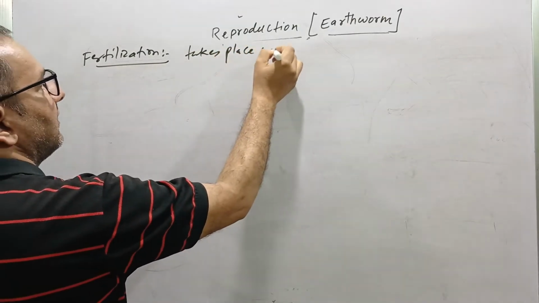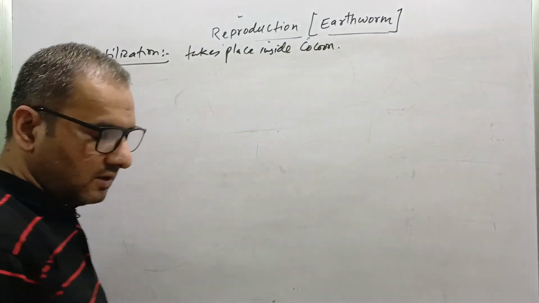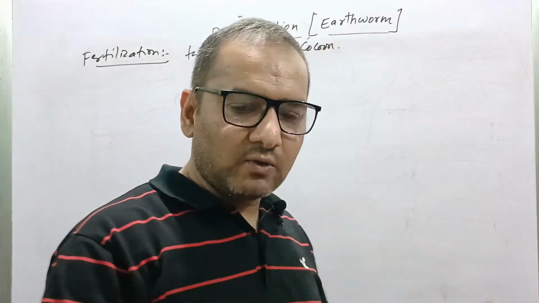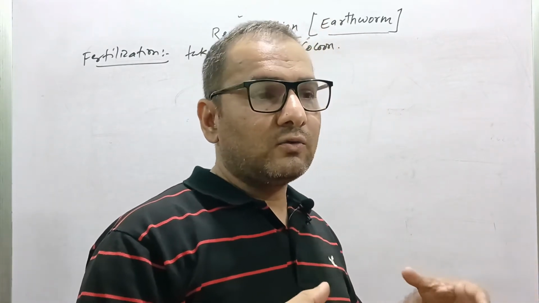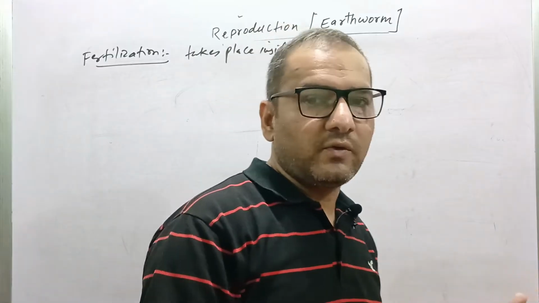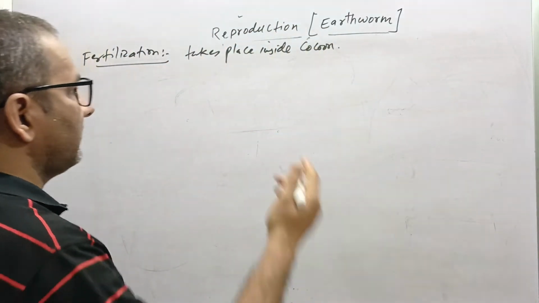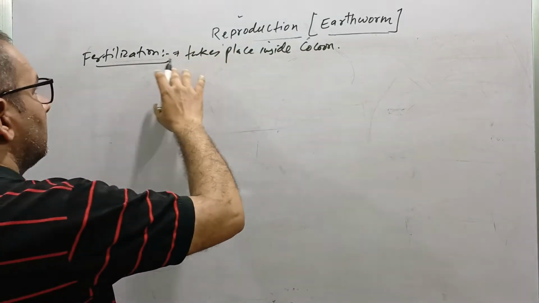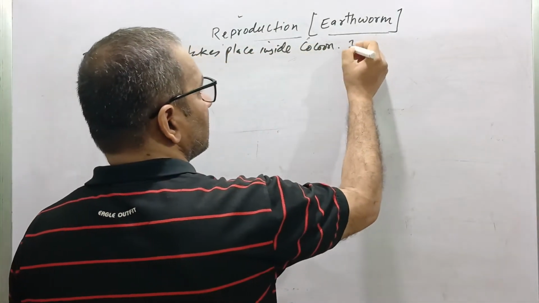The cocoons are laid on the ground surface, so the cocoon is outside the body. Though the fertilization takes place inside the cocoon, fertilization is external.